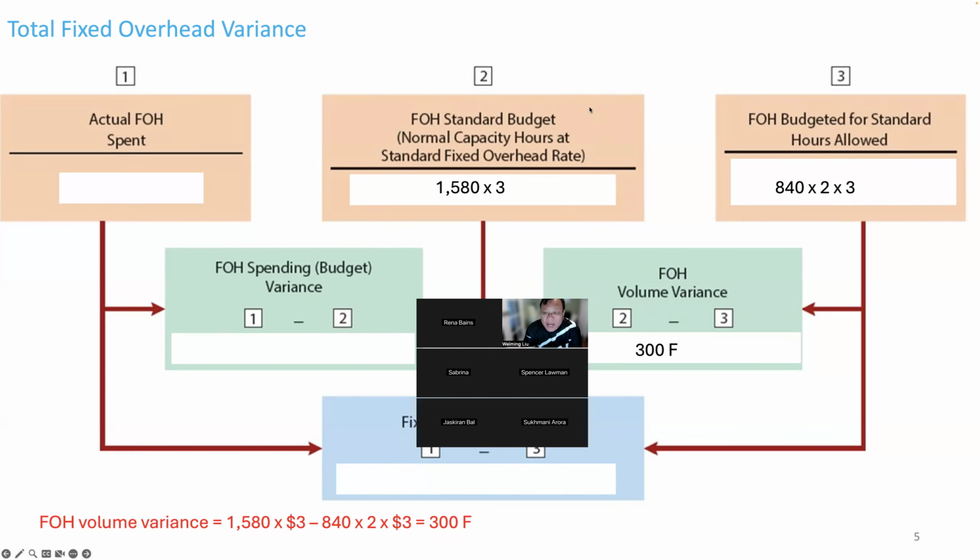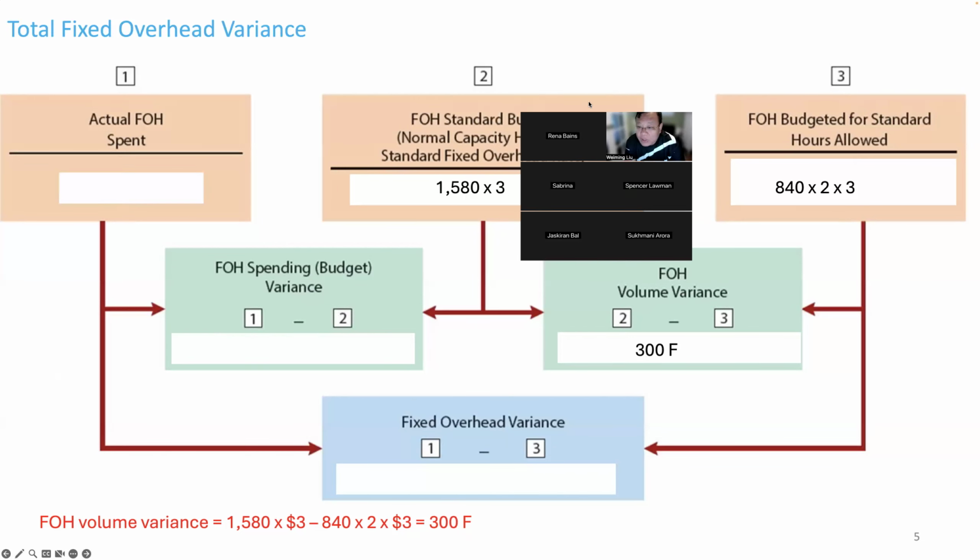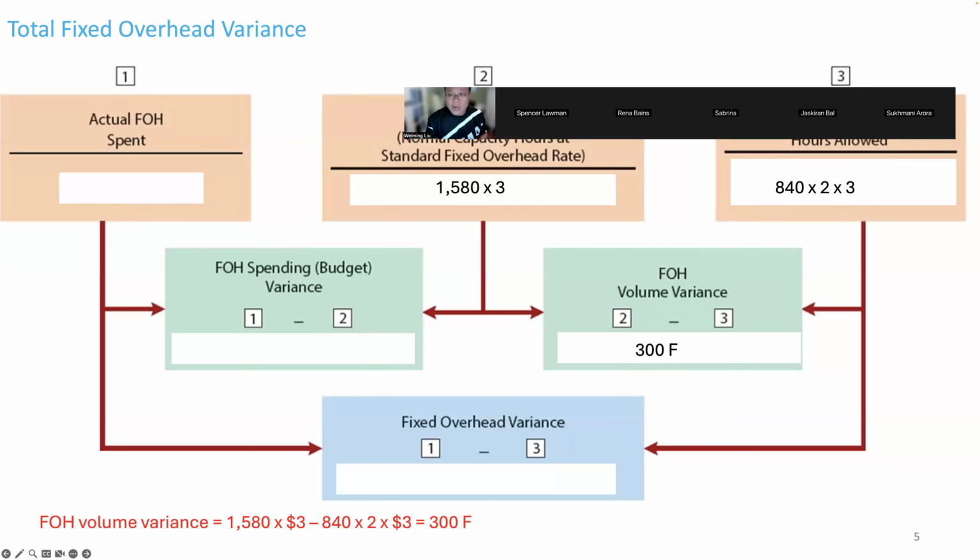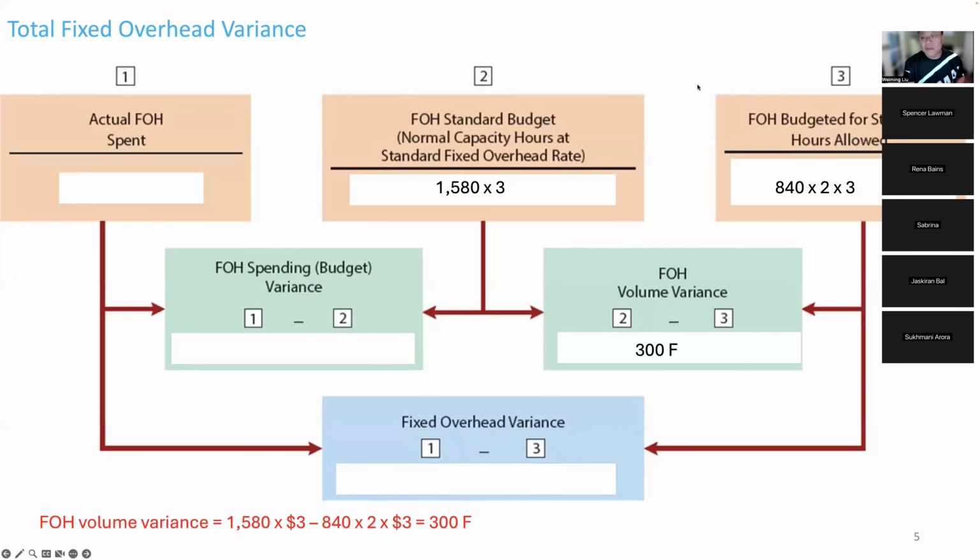If you understand the way I calculate volume variance, please give me a thumbs up. 1, 2, 3, thumbs up. Okay, do you have any questions? If you didn't give me a thumbs up, which part confused you?